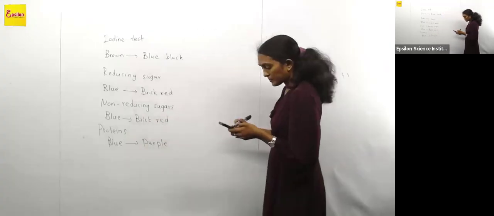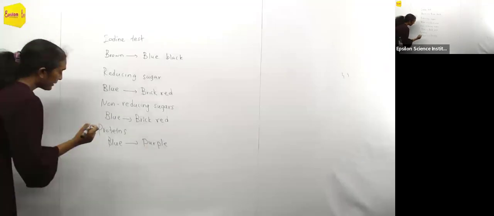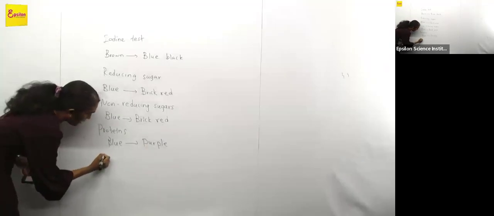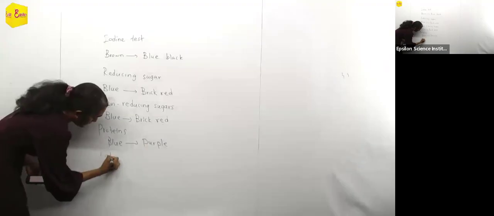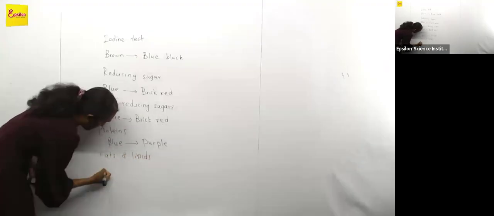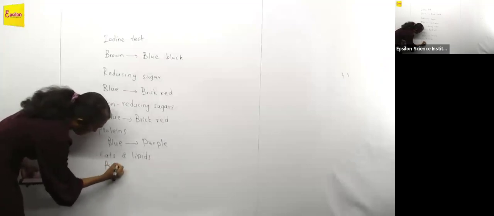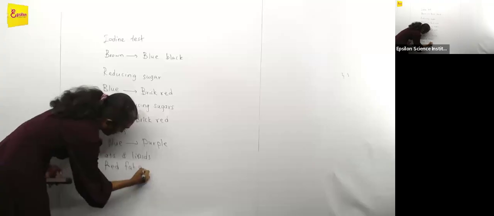Next, fats and oils: Sudan III will give red fat globules. There's no color change, such a thing. Red fat globules.